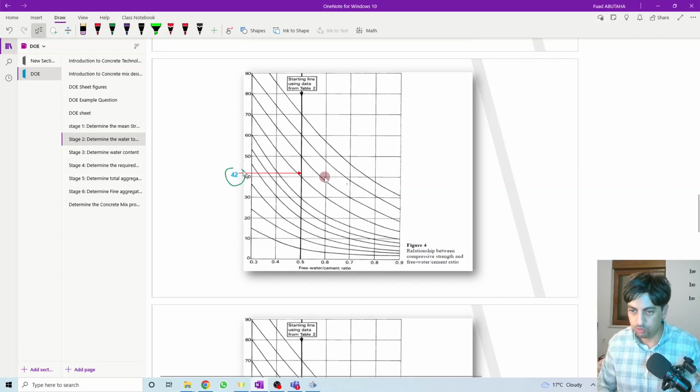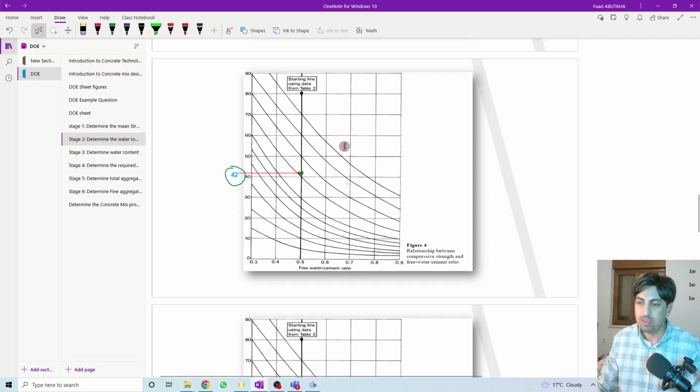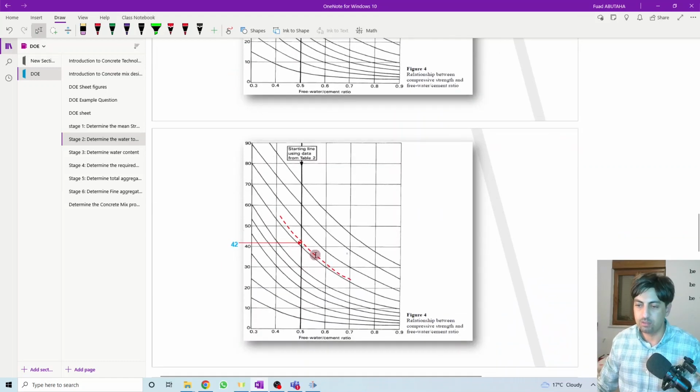The 42, which was already determined from the table, we go back, and this is the water cement ratio, we come out with this point. Then we start using this point, we start to draw a line similar and parallel to this line that is passing through these points, and it will be something similar to this one.